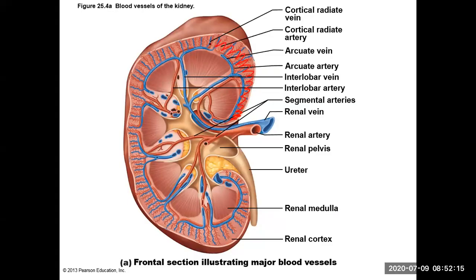All of these are the cortex areas, all right? And the triangular shaped areas, those are the medulla. So the medullary pyramid we discussed, the renal medulla, would be, in this case, the blue region.